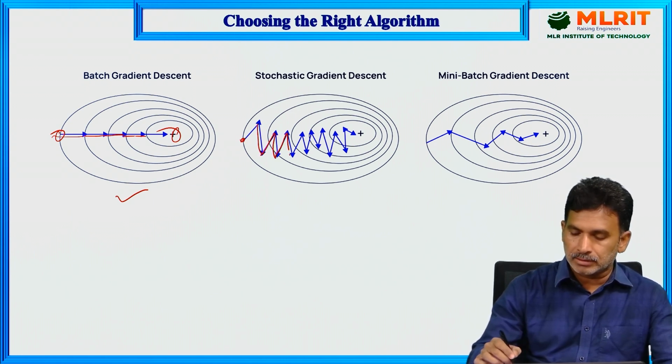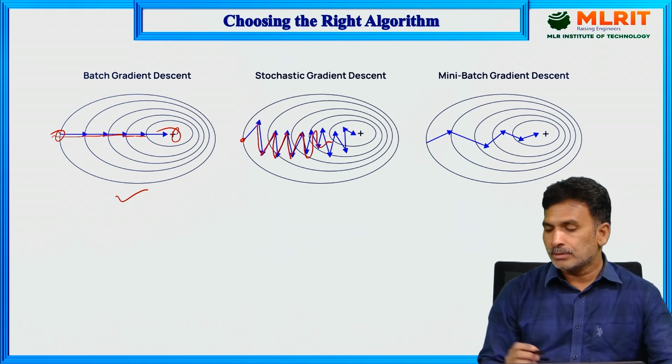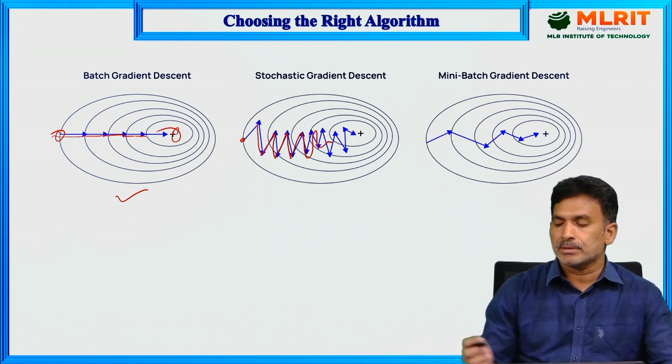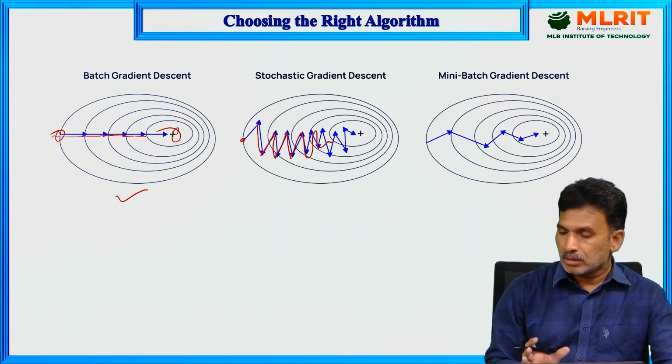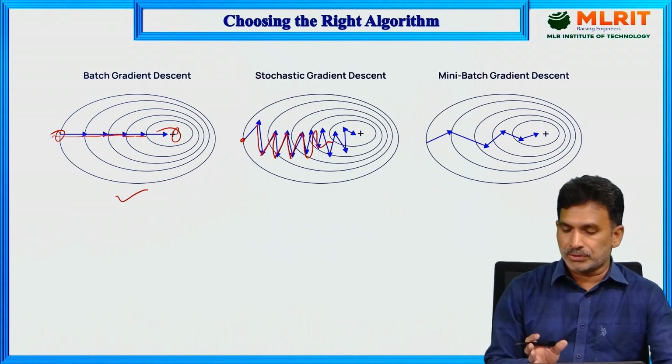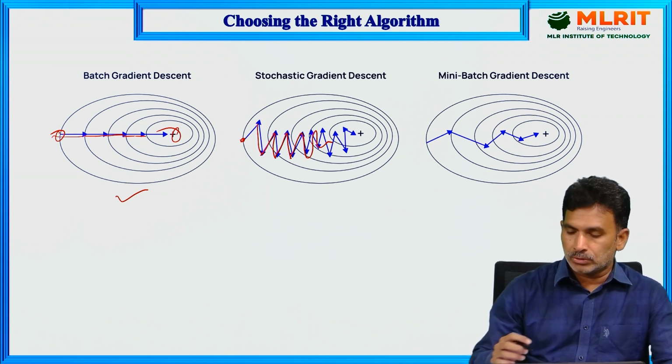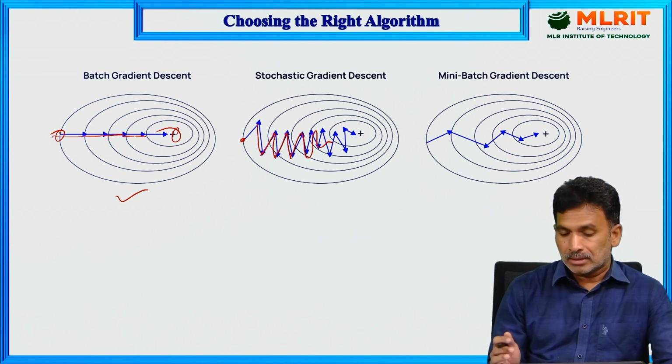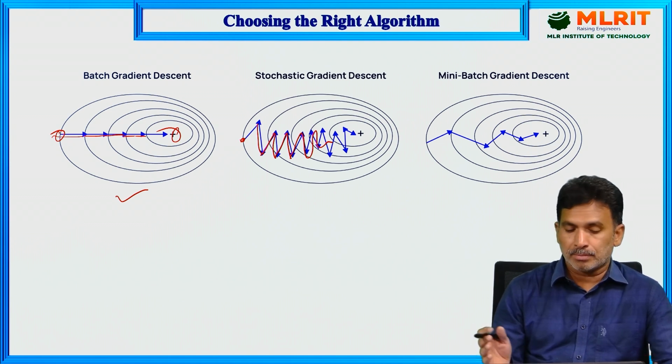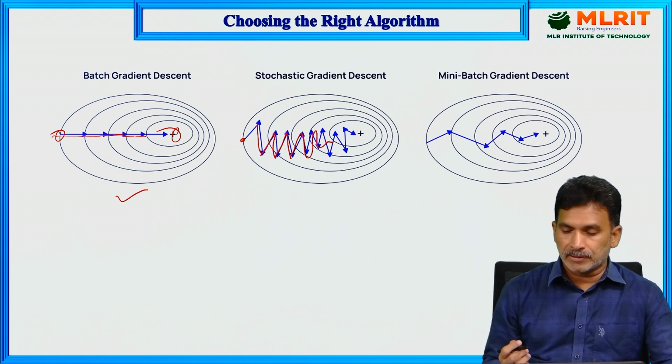Similarly, in mini-batch gradient descent, where we select a set of samples, the batch-wise update is a little bit smoother, in between batch gradient descent and stochastic gradient descent.